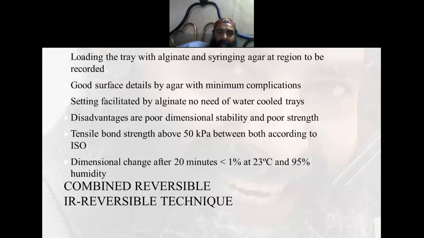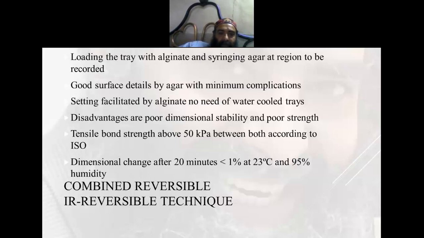The setting is facilitated by alginate, with no need of water cooled trays, because alginate is a sufficiently cool material. Disadvantages are poor dimensional stability and poor strength.